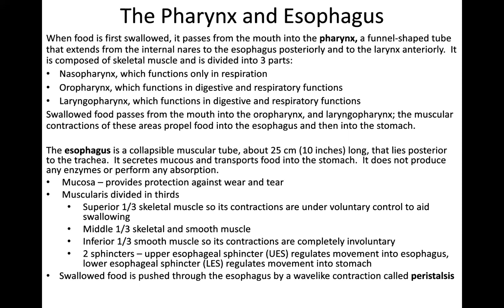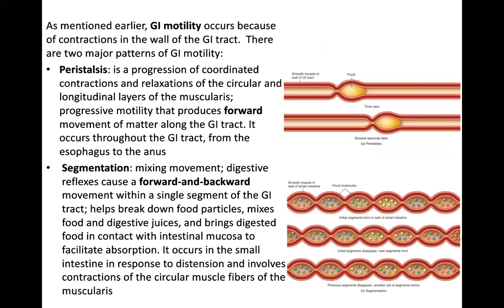Okay. Now, when you swallow food, it pushes down into the stomach through the esophagus by a wave-like contraction called peristalsis. Now, peristalsis is one of the two major patterns of GI motility, the other being segmentation. Peristalsis is a progression of coordinated contraction and relaxation of the circular and longitudinal layers of the muscularis.